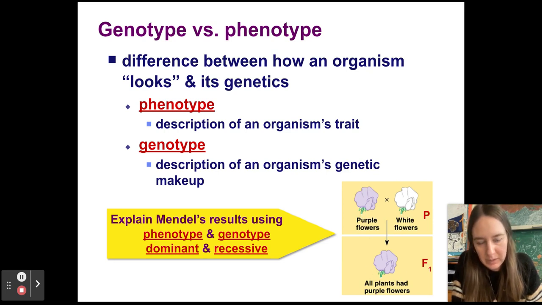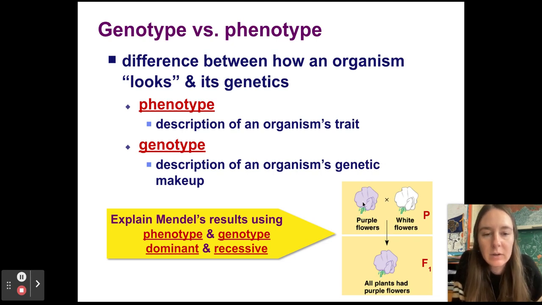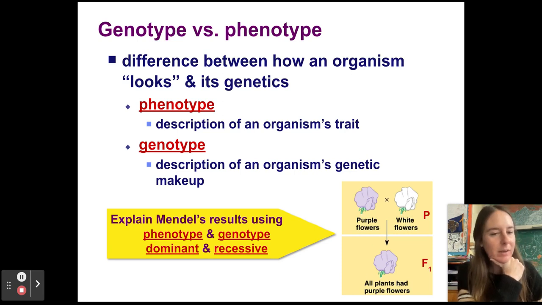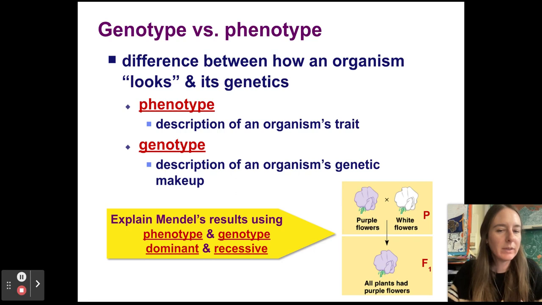Purple, right? Now, does this plant have dominant alleles or recessive alleles? Well, we know dominant, because we know purple is dominant. What about this one? It has recessive alleles because white is recessive. This one, does it have dominant alleles or recessive? We'll come back to that, because we don't totally know yet what chromosomes this purple flower has. We'll talk about that in a second.